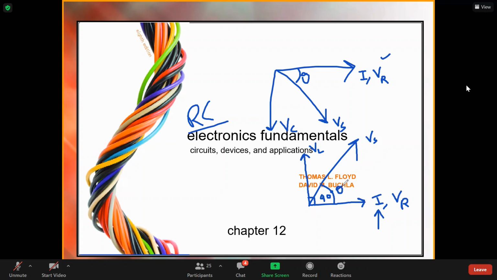If I ask you to draw the triangle, this is VR, this is VL, this is VS, and this is theta.